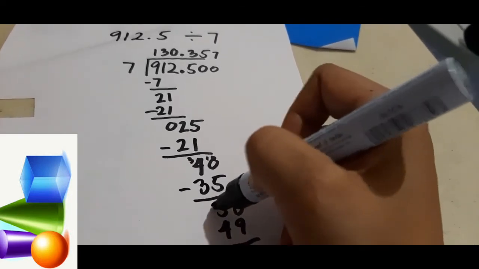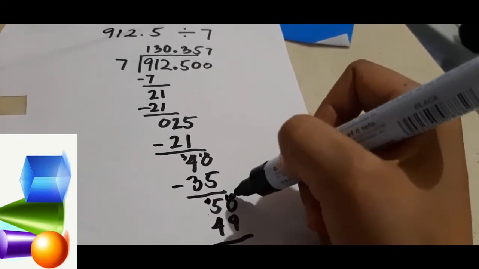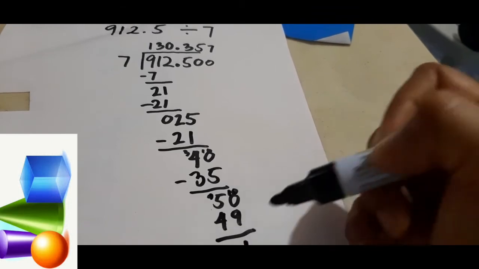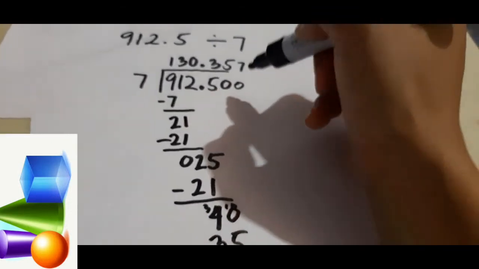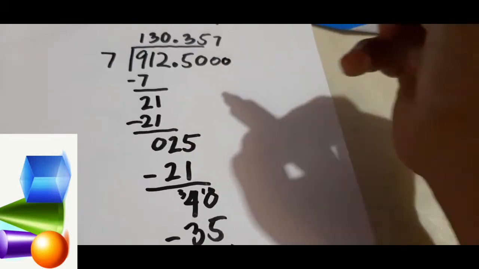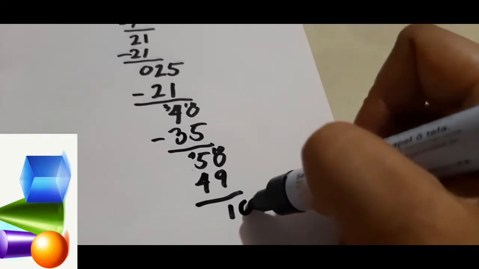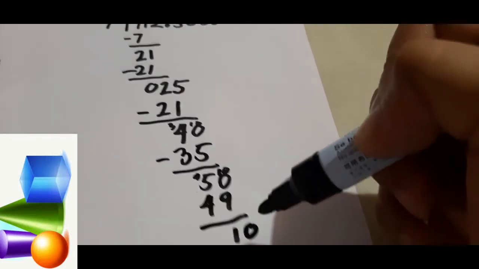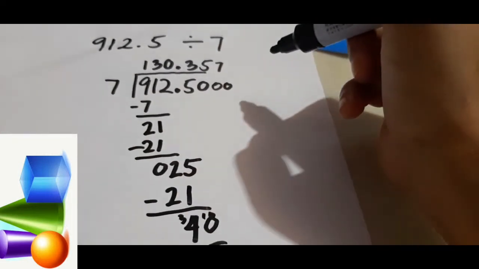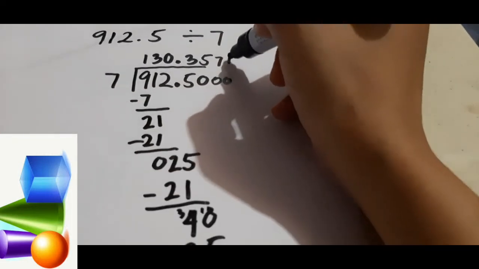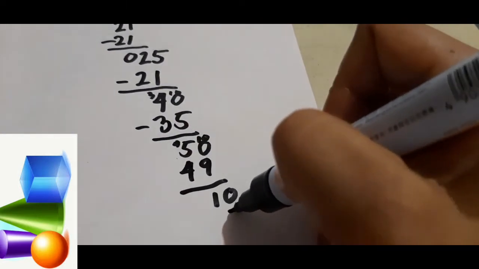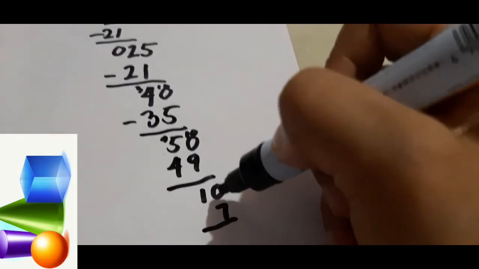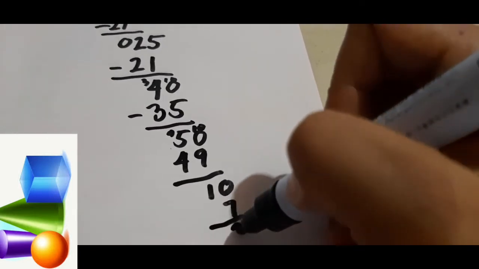This becomes 4. So 10 minus 9 equals 1. So 1 cannot be divided by 7, so we need to add 0 again, then bring down 0. 10 divided by 7 equals 1. 1 times 7 equals 7. Subtract 10 minus 7 equals 3.